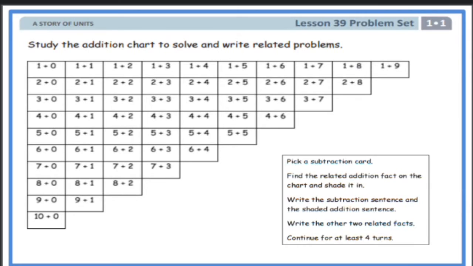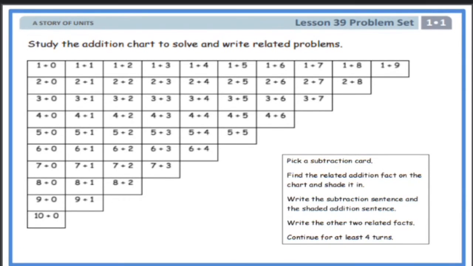Now I want to pick a card. The card I'm giving to you will be, let me pick, 7 minus 3. So find the related addition fact on the chart and shade it in.